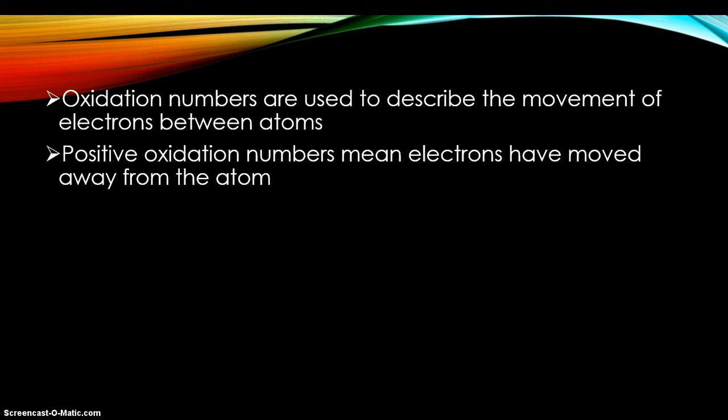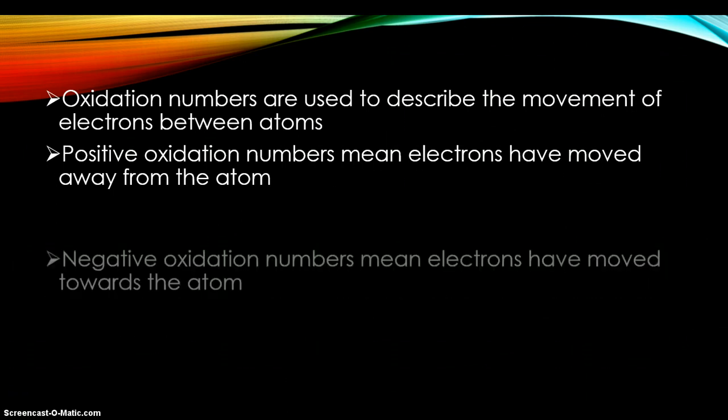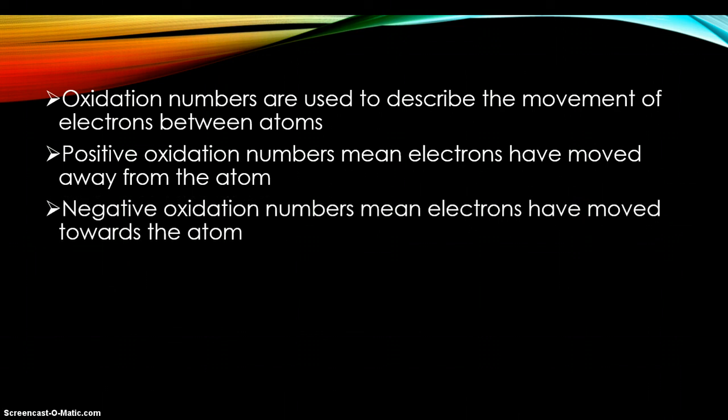Or in a polar covalent bond, where the electrons shift away from a particular atom. Let's say chlorine and hydrogen are bonded together, and the electrons shift away from hydrogen towards chlorine. Then hydrogen would have a positive oxidation number because the electrons have moved away. A negative oxidation number means the exact opposite.